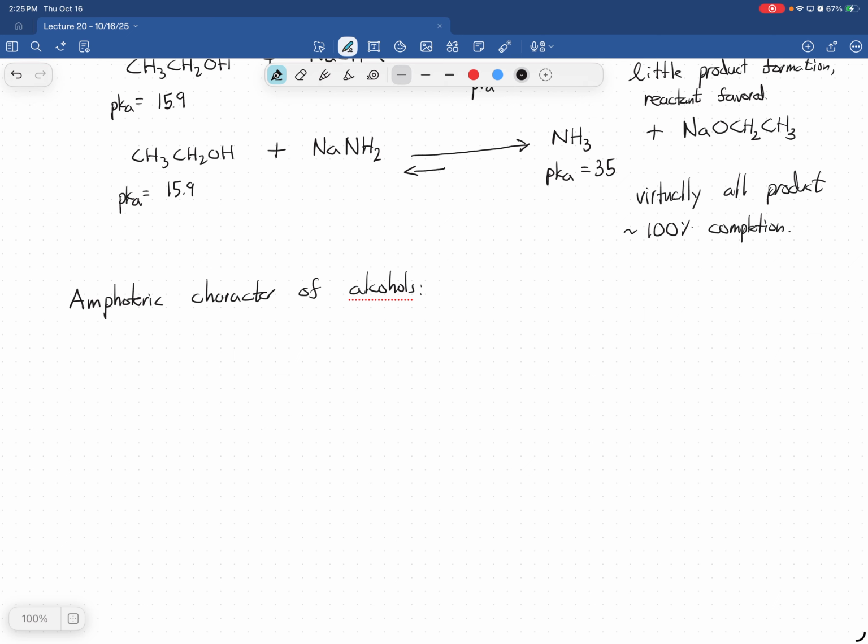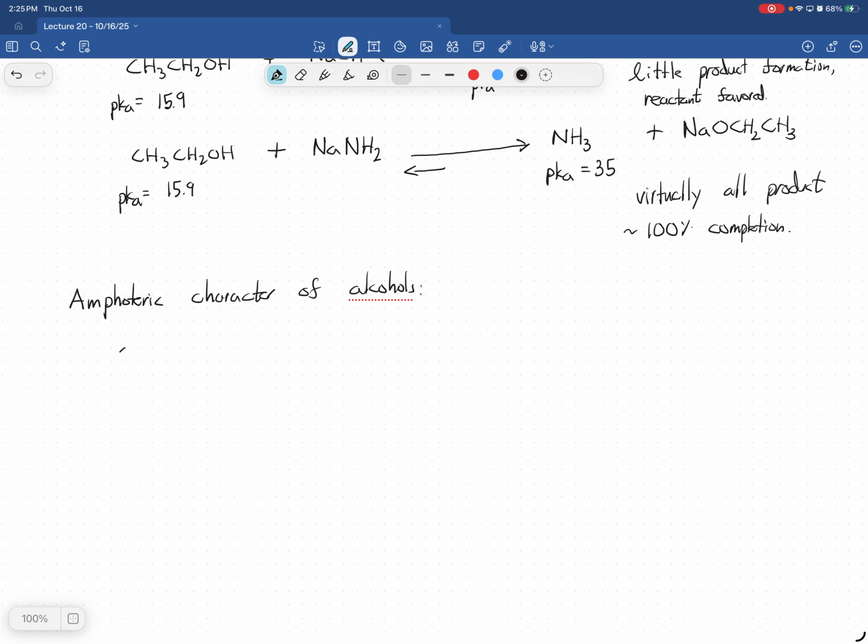Base. So acid and base, those are like mirror images of each other. So amphoteric means acid-base character. Amphiphilic means solubility in water. I think amphiphilic actually means it's both soluble in water and lipophilic solvents or organic solvents. But in our case, amphoteric means dual capability, like ambidextrous. So amphoteric here means acid and base reactivity.